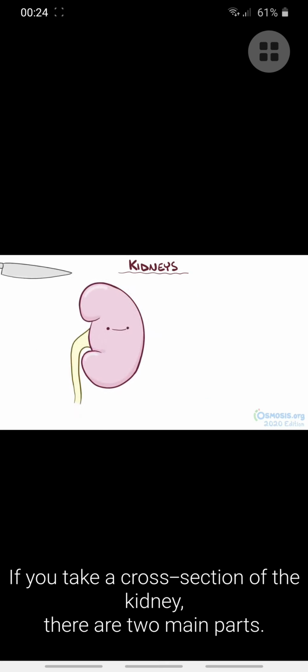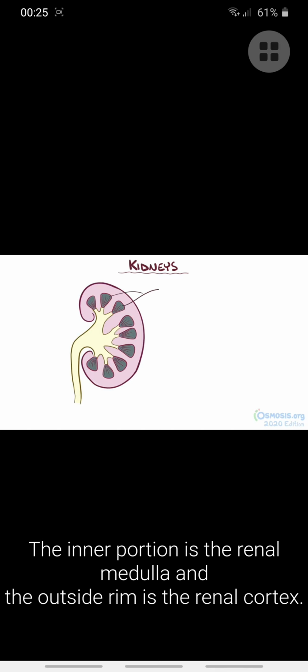If you take a cross section of the kidney, there are two main parts. The inner portion is the renal medulla and the outside rim is the renal cortex.